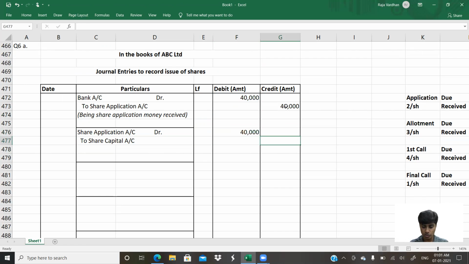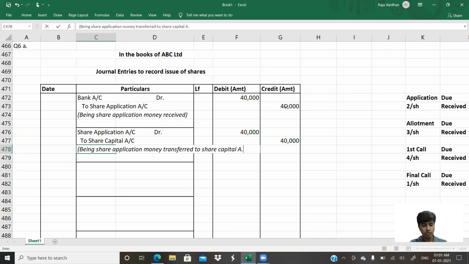So the journal entry for transfer of share application to share capital is share application account debit to share capital account. What is the narration? Being share application money transferred to share capital account. Done.